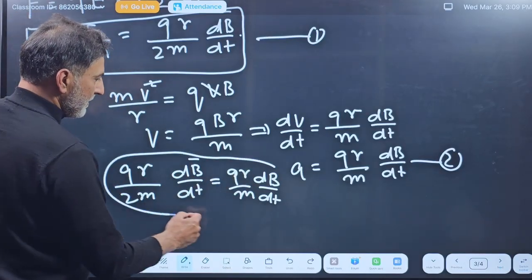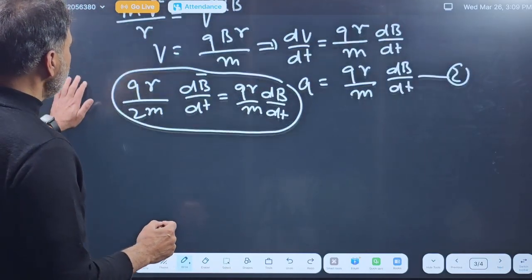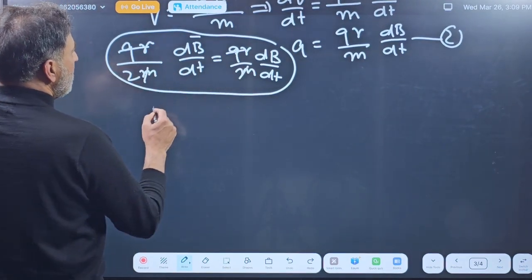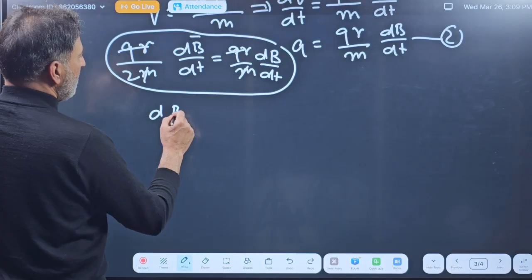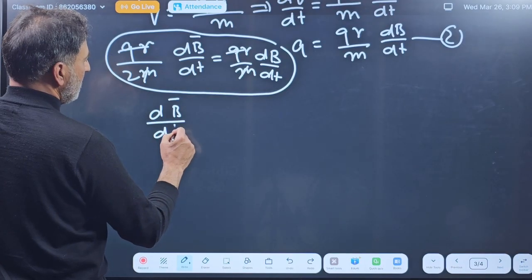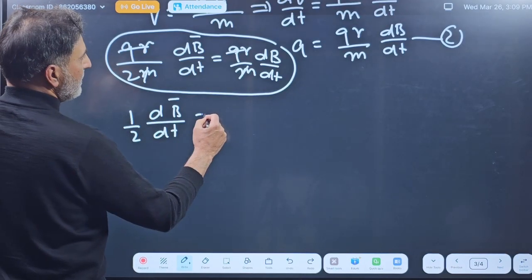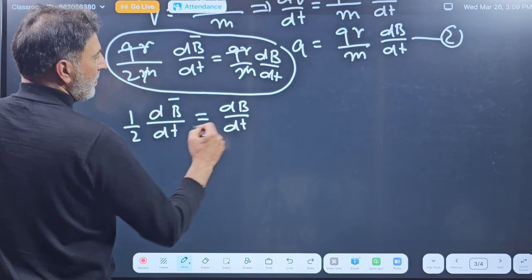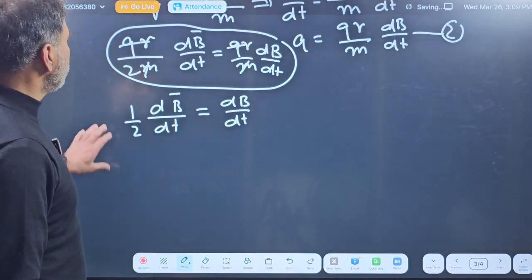From here, what we get is QR cancels, M cancels, and we get dB bar by dt times 1 by 2 is equal to dB by dt, right?